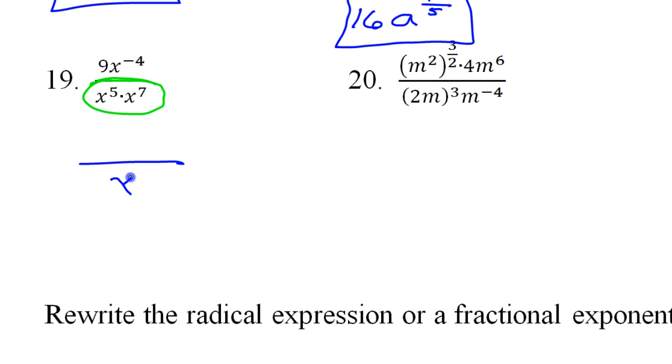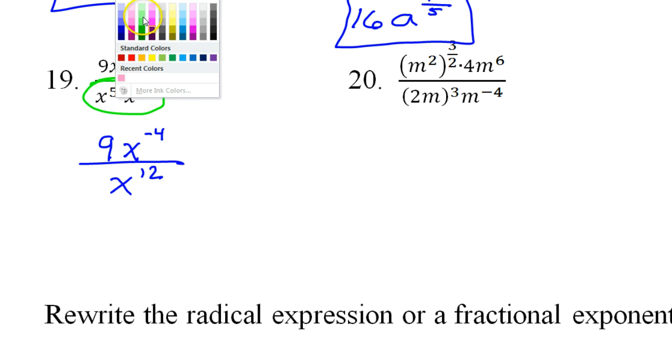So that's going to give you x to the 12th power. So then we have the rest of it. So I have 9x to the negative 4 power over x to the 12th power. Now look, focus on this x to the negative 4th power. This is the first time we've had to really deal with it. So you know what? Let me give you a little mini lesson off to the side here.